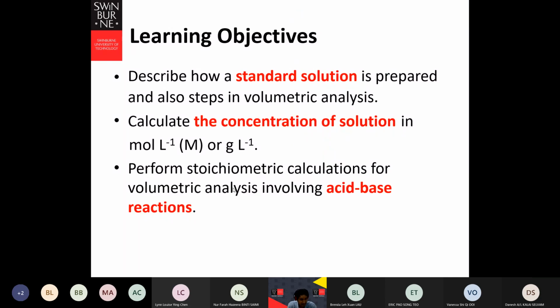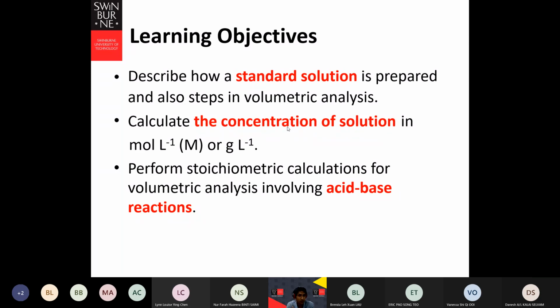All right. So for us today, the objective that we want to learn is the standard solution. How do you prepare the standard solution? What does a standard solution mean? A standard solution is one where we know this is this concentration, or we know the strength of the solution.